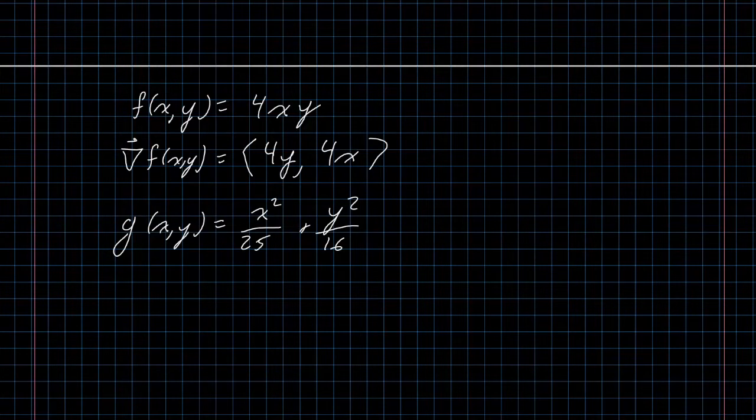So we know that the gradient of this will give us a vector valued function. X component is derivative with respect to x. That's going to be 2 over 25 times x. Y component will be the derivative with respect to y. That's going to be 2 over 16, which I can reduce and call 1 over 8 times y.